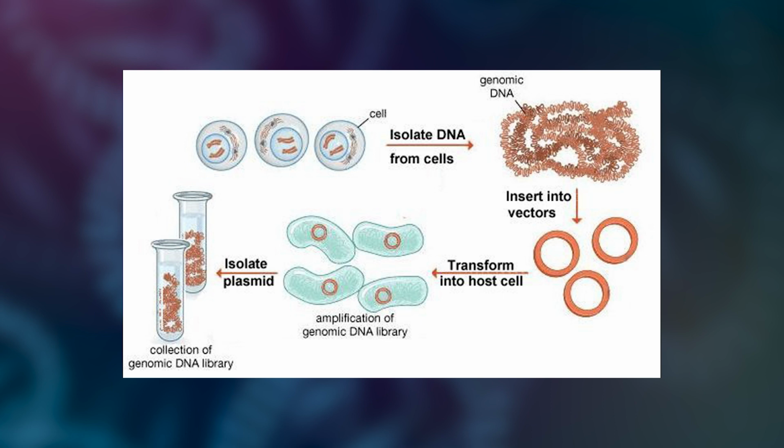Once a library is constructed, researchers can screen it to identify specific genetic sequences of interest for further analysis and study. Now, let us see how a genetic library, or let us say a DNA library, is constructed.